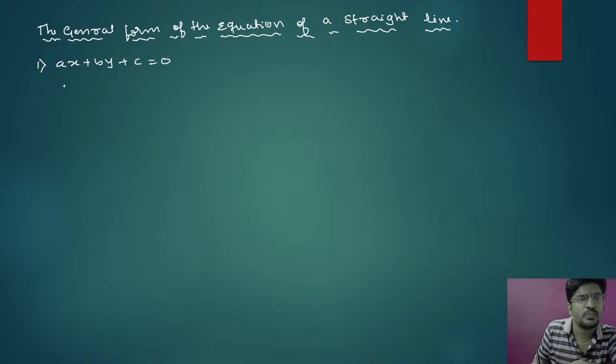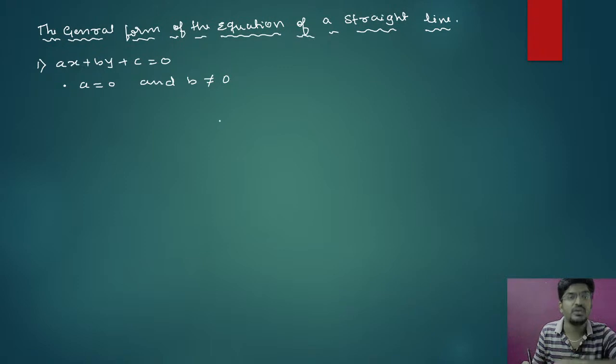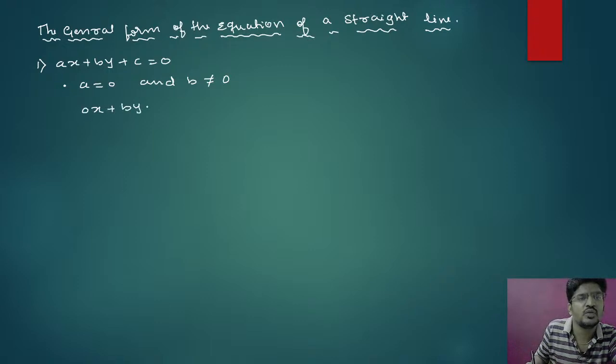Now you see the subpoints. If I take a equal to 0 and b not equal to 0, what happens? It becomes 0 into x plus b into y plus c equal to 0. So this term will be 0, and b into y plus c will be equal to 0. Y will be equal to minus c by b.